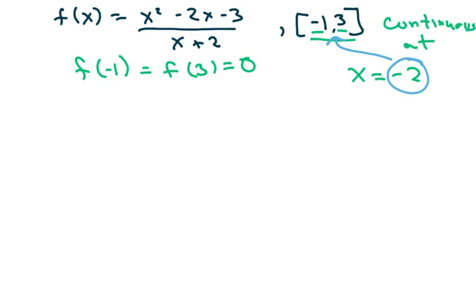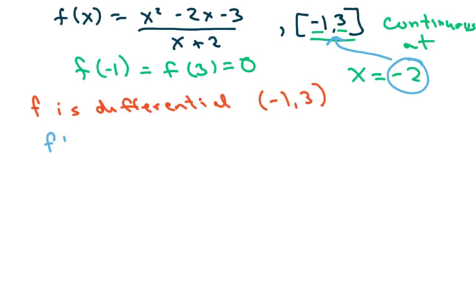So f is differentiable on our open interval (-1, 3). That just means we can't use -1 and 3, but anything in between. So we're going to take the derivative of f using the quotient rule.